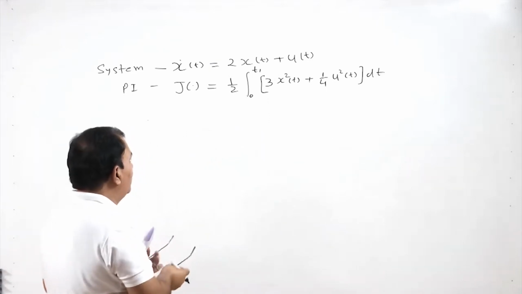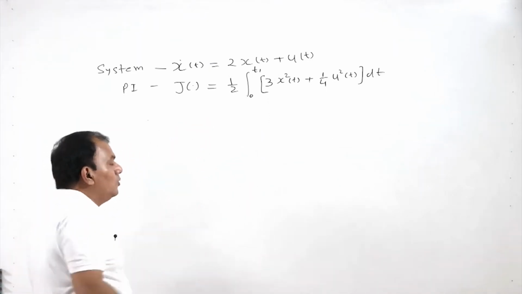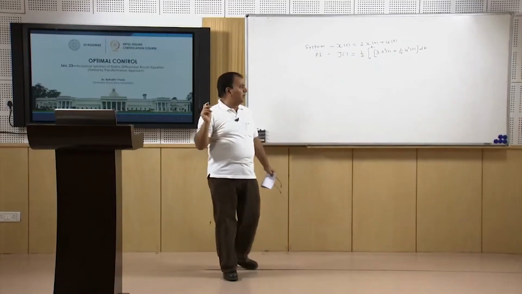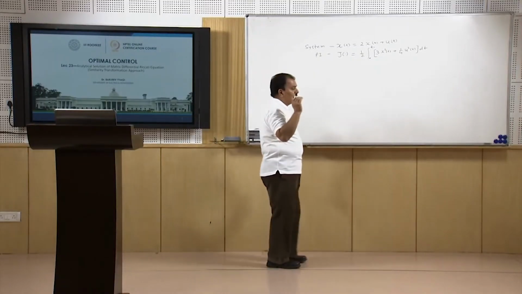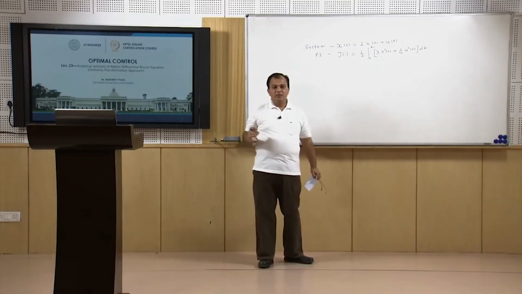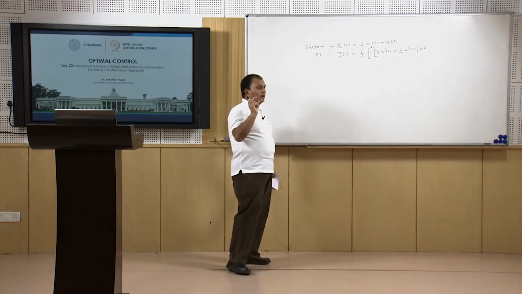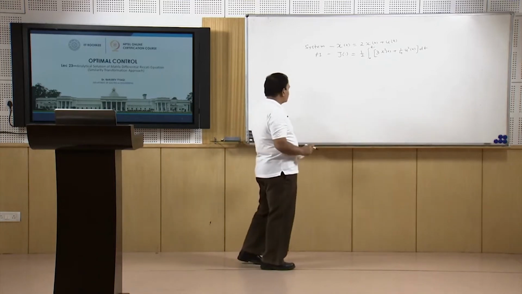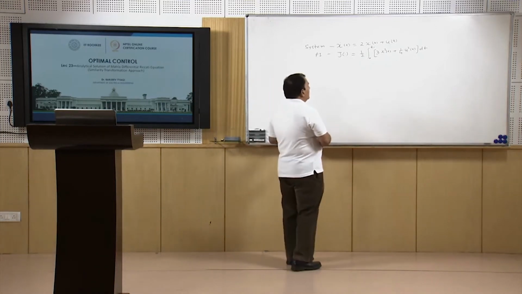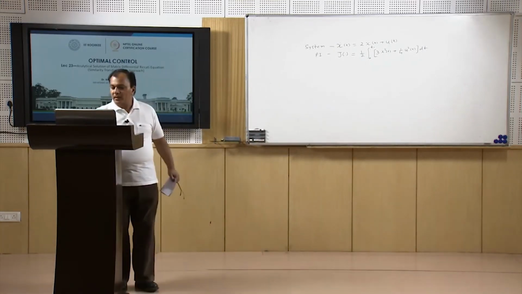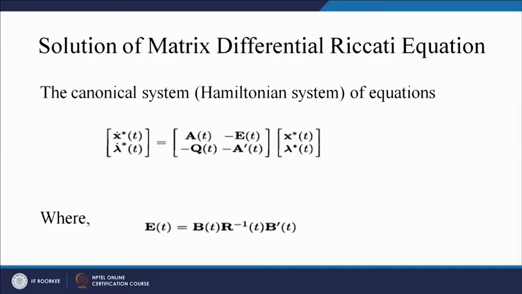Our objective is to find out the u, which is minus R inverse B prime P, and P is the solution of my matrix differential Riccati equation. If I know P, I can find out u. So, we will take this state transition matrix approach.